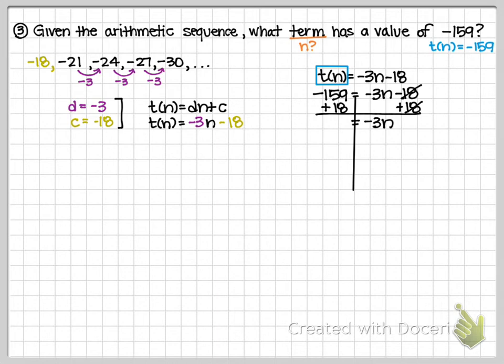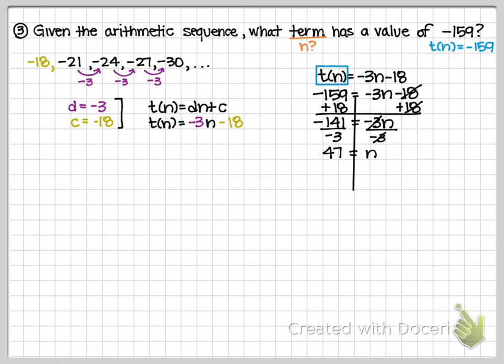And let's do negative 159 plus 18 gives me negative 141. I have to divide by negative 3. Negative 3 divided by negative 3 is going to cancel. Okay, let's divide here. So when I divide negative 141 divided by negative 3, I'm going to get 47.